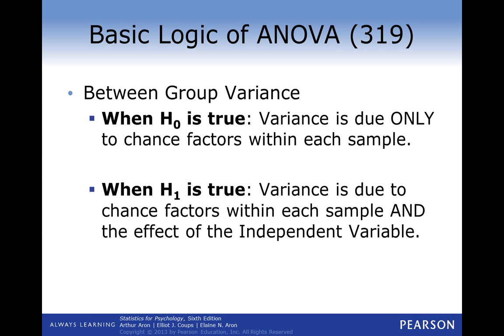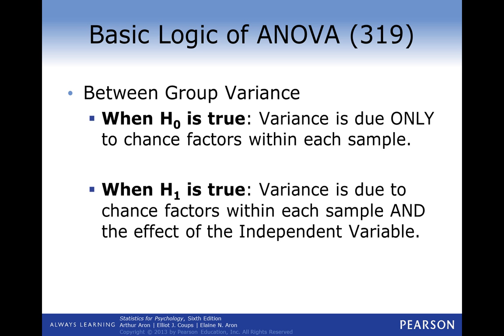So if you find that you can reject the null, what you are saying is that these three groups really do differ. They differ in two ways. Number one, they differ because simply by nature they have different participants in them, and so therefore they have some difference. But the biggest difference is actually due to the level of the independent variable the groups received.